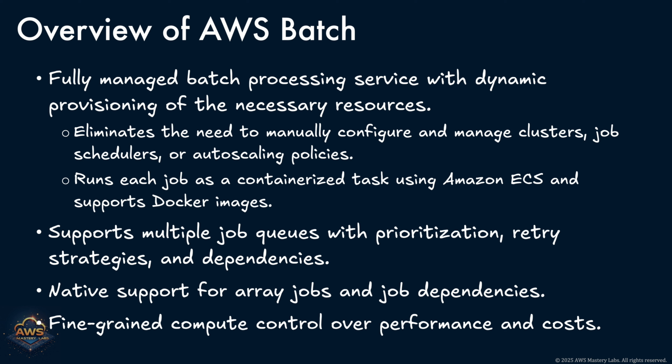You can choose specific EC2 instance types, mix on-demand and spot instances for cost savings, or use Fargate for serverless execution. And finally, AWS Batch integrates seamlessly with services like S3 for data, CloudWatch for logging and monitoring, IAM for access control, and Step Functions for orchestration, making it a powerful building block for modern, scalable batch pipelines.